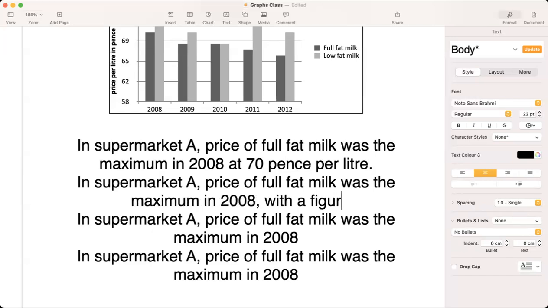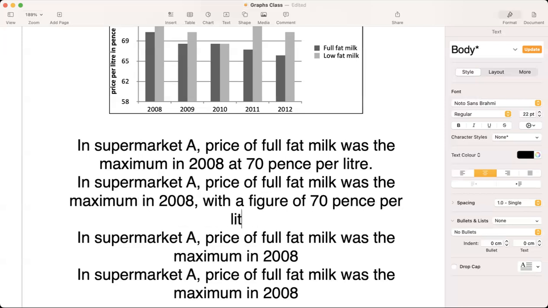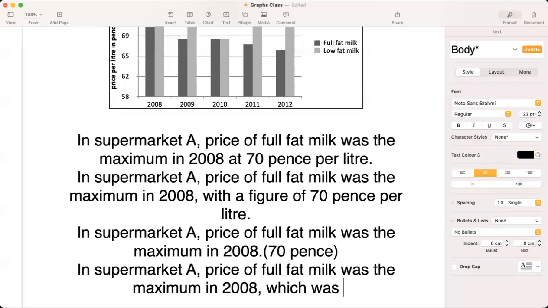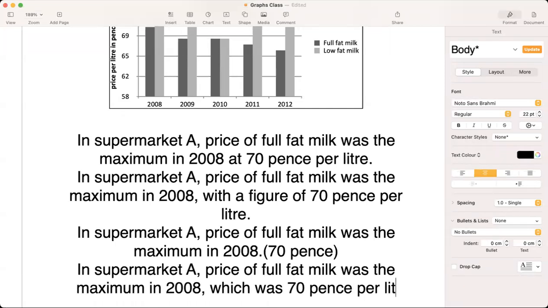I prefer with the figure of 70 pence per liter. The third option is you can use a bracket, and write 70 pence per liter in the bracket. And finally, which was 70 pence per liter.